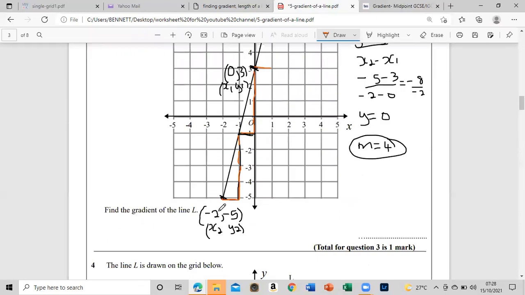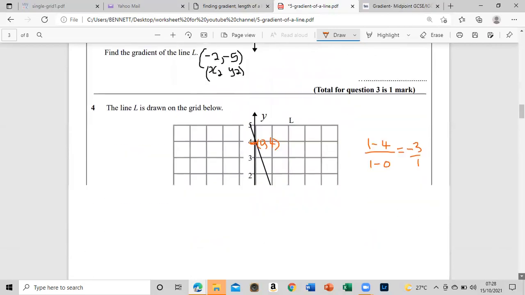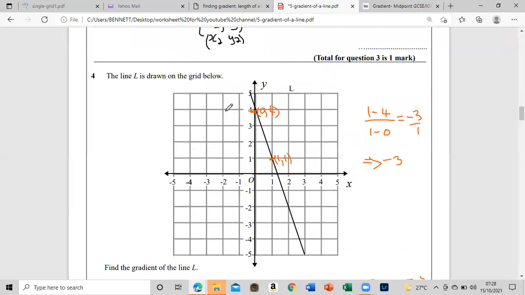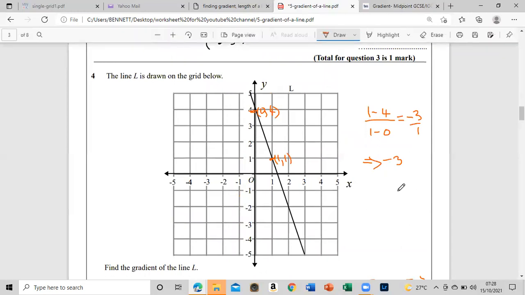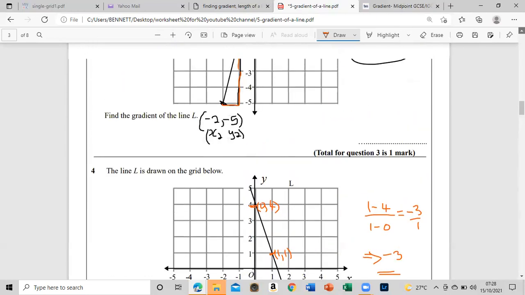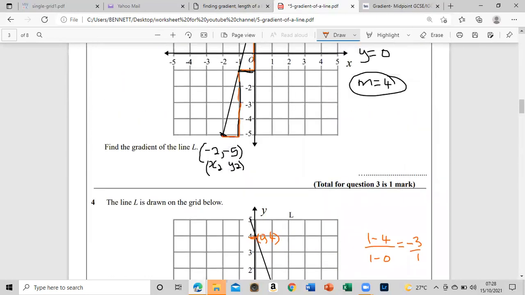It goes up. This one is different. We get a positive gradient right here. And then this one now, when it turns this way, from left to right, going downwards, we have a negative gradient. So guys, it's very important. I've seen where persons from UTech, they ask them that. They draw a line and say, is it a positive or a negative gradient?